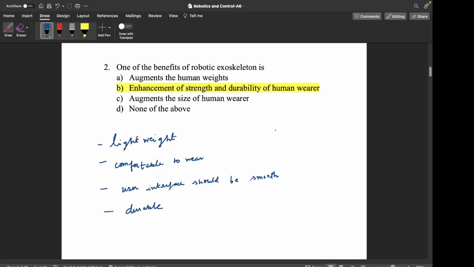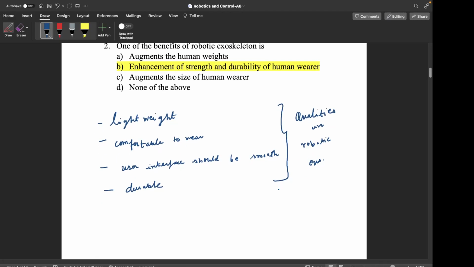So again, these qualities we look for in an exoskeleton, in robotic exoskeleton, to be precise.